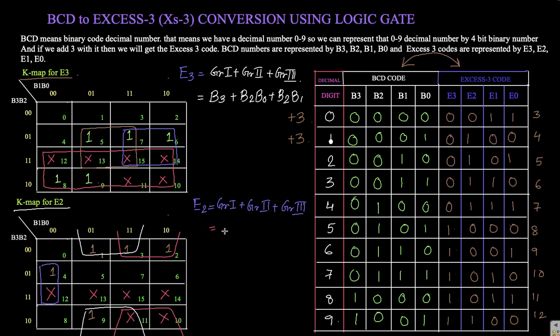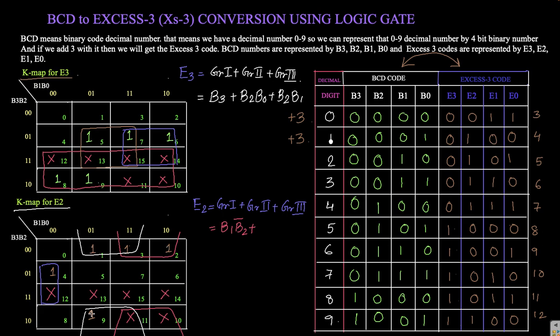So B1 is the same, so we can write B1. And for the horizontal, B3 is 0 1 and B2 is 0 0. That means B2 bar is your output, because B2 is not changing and it is 0, so we give the bar. Now consider group 2, that is the white color group.